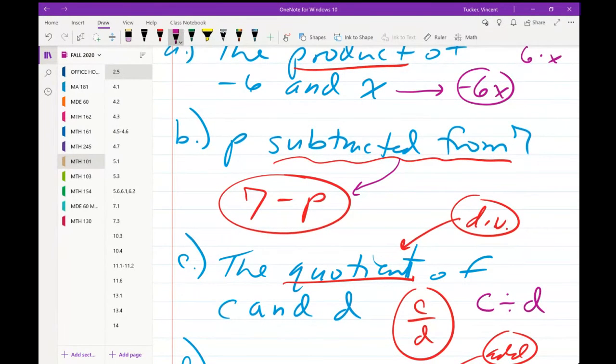Either one is fine, unless they say specifically write as a fraction. They say something like that, but all right. Questions? Any questions?